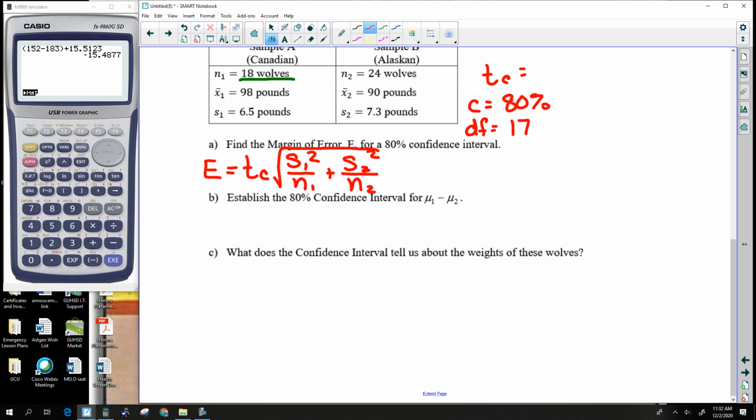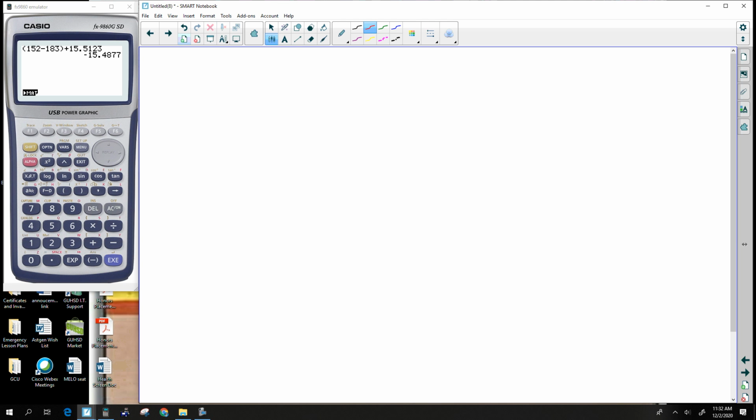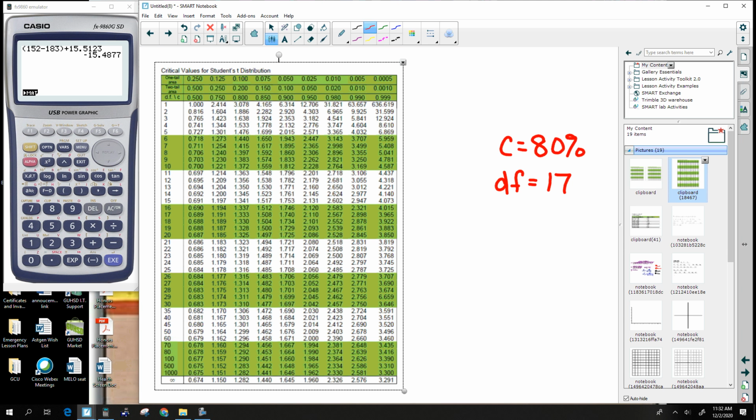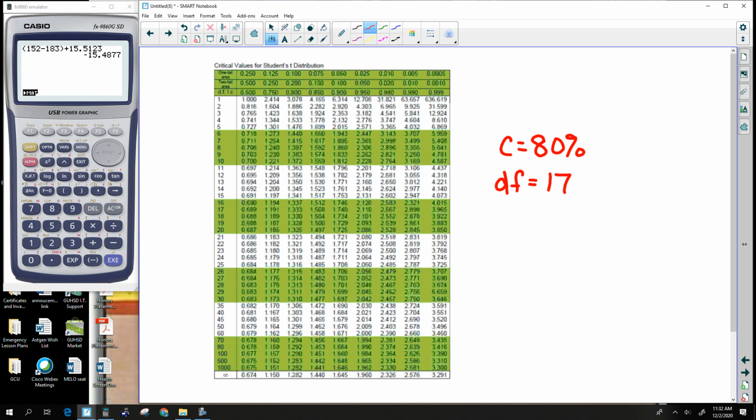Now we have all the necessary information to find that tc. This is obviously going to be on the t table, and so we have a confidence of 80% and a degree of freedom of 17. So let's go to the t table. The t table is this one right here. Where I'm looking to help myself out is that little box right there that has df/c.